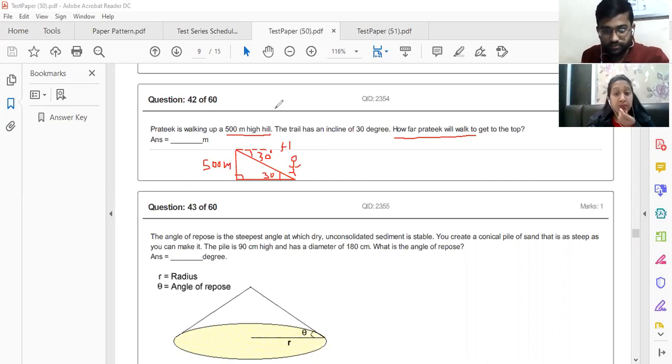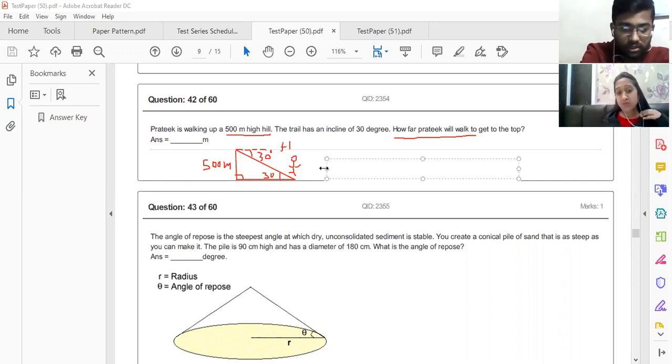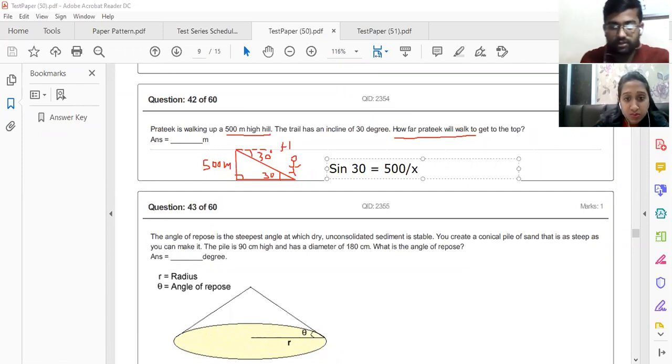So you need to use sin, perpendicular upon hypotenuse. Sin 30 is equal to perpendicular, 500 meter, divided by the path, let's say x.